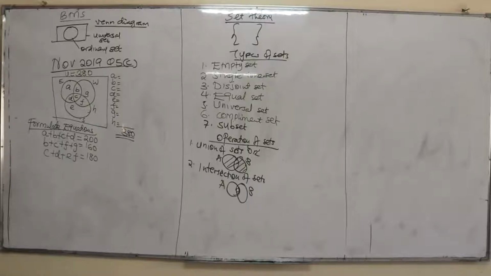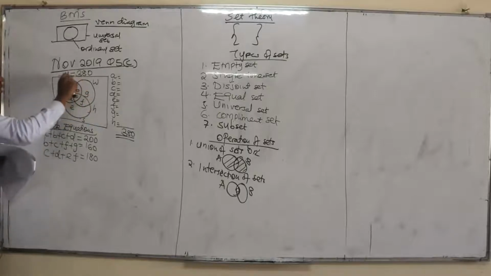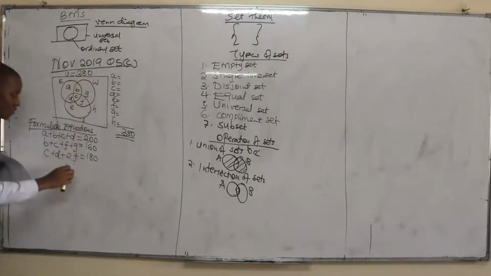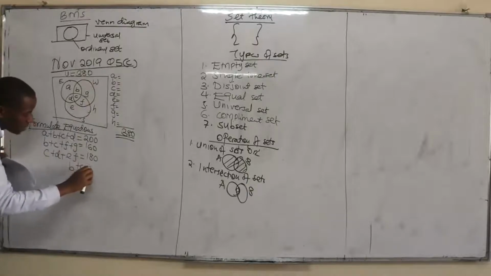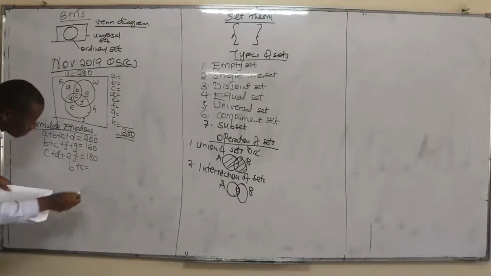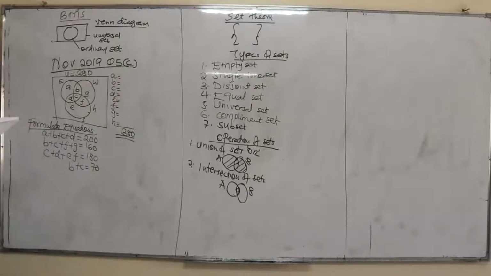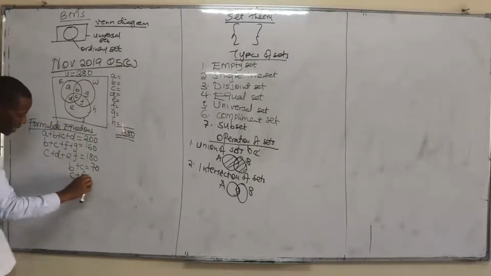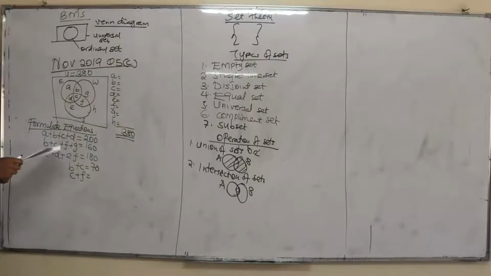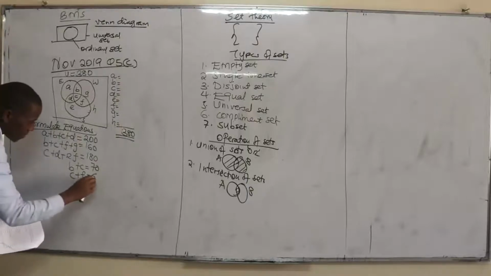70 athletes represented both the Eastern and Western regions. Those in both of those two circles are B and C, and they are 70. Also, 66 athletes represented both the Western and Southern regions. Those in both circles are C and F, and C and F is 66.